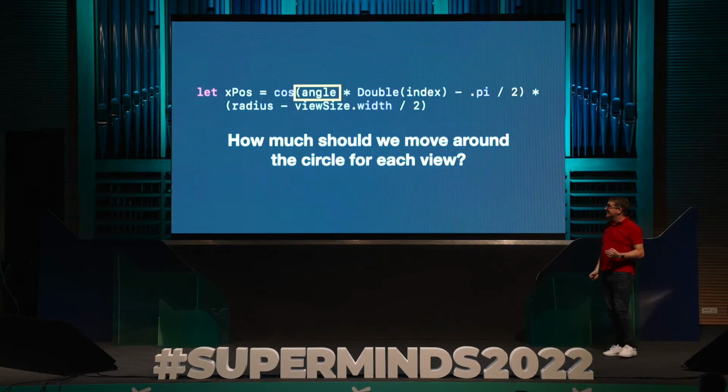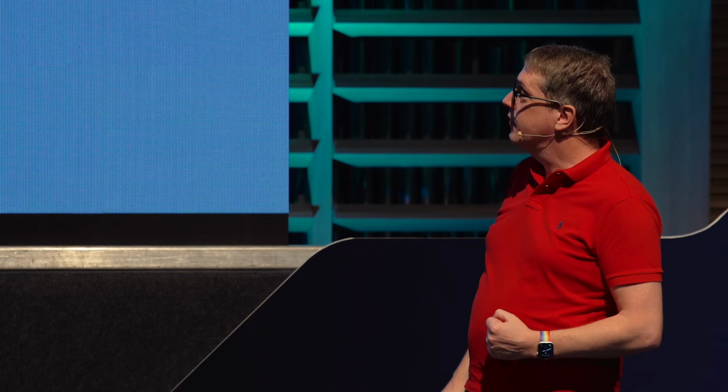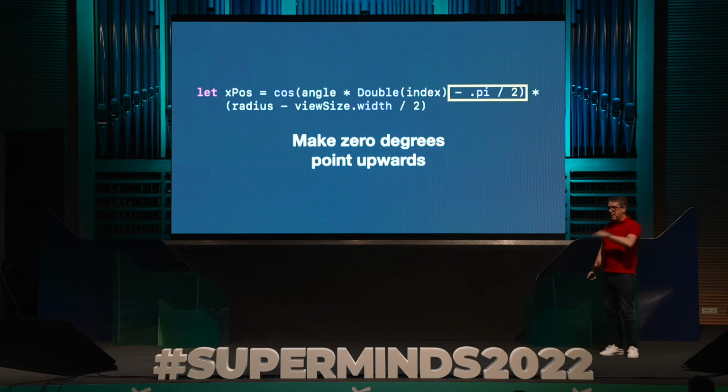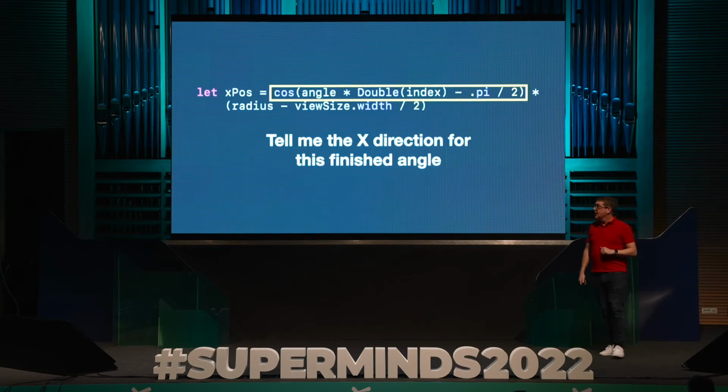Now, a reminder, how much space to move around for each circle is the angle. This is our position in the collection. Multiply together, how much to move around the perimeter for this particular view. Make 0 degrees go upwards. And then the whole thing, tell me the correct x direction for this finished angle.